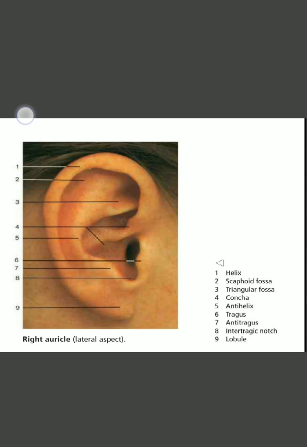सिमिलरली आपको एक रेज्ड रिज यहाँ दिखती है. दिस इज द ट्रेगस. एंड जस्ट इसके ऑपोजिट साइड पे आपको जो दिखता है दैट इज द एंटी ट्रेगस. टॉकिंग अबाउट द डिप्रेशंस, एक यहाँ पे आपको दिखता है दिस इज द ट्रायंगुलर फोसा, फोसा ट्रायंगुलरिस. एंड सिमिलरली there is a large depression here and a depression here.